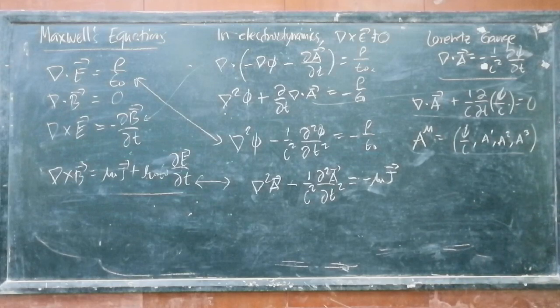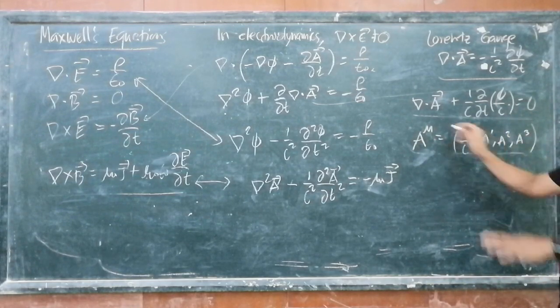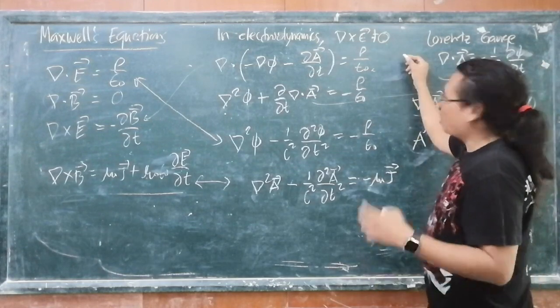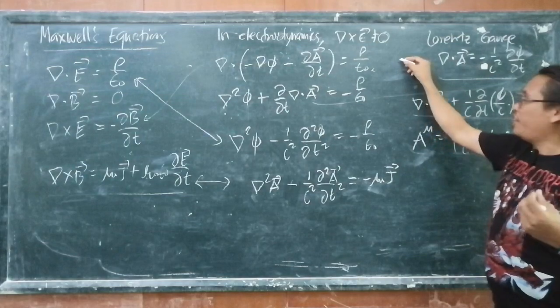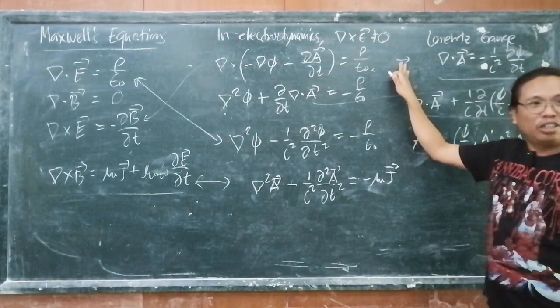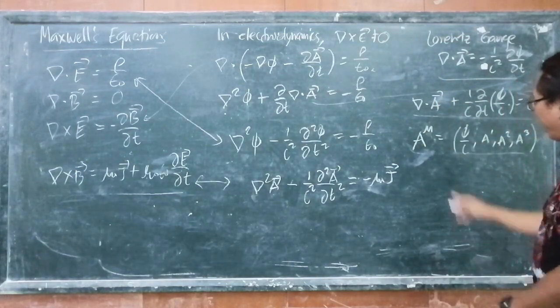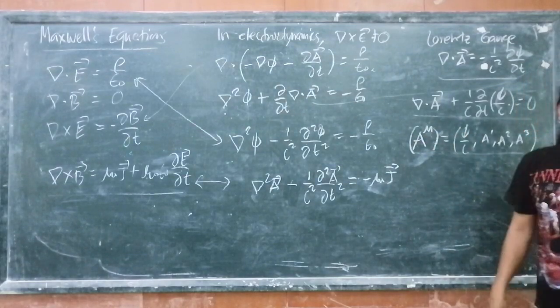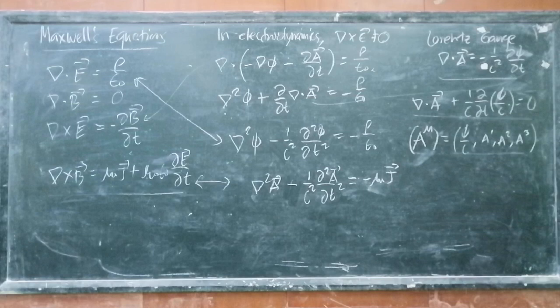But for us here, because we are in four dimensions, it is awkward to write the arrow, since we usually leave the arrow for three-dimensional vectors. So let's just write it this way, or maybe more properly, since this is in fact a row, or column matrix, we write it as phi over c, A1, A2, and A3.